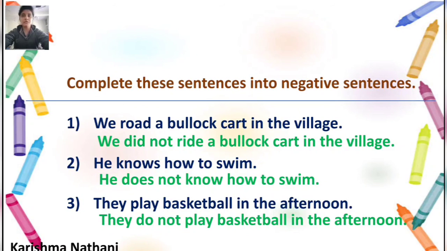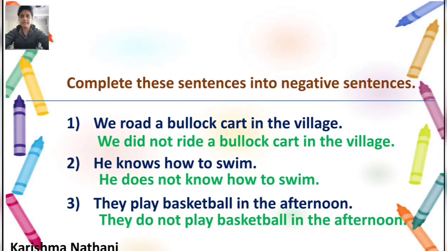Second, he knows shows present tense and singular noun, so in singular noun we use does, and when we use does, we have to remove s at the end of the verb, which is knows. We have to convert it into only know. Then they play. They play shows present tense, and they is plural form, so we have to use do, and play as it is, do not play.